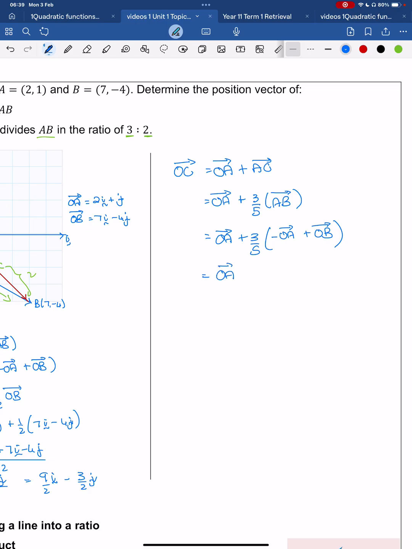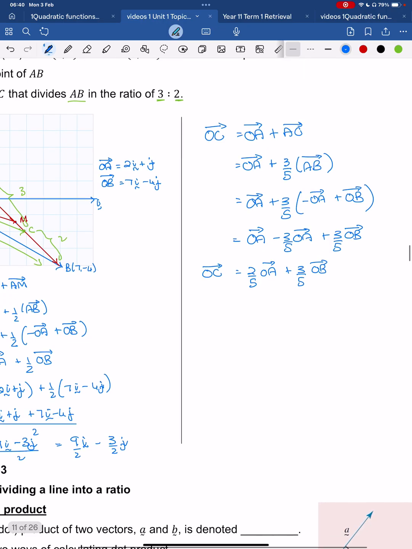Let's write that out. Minus 3/5 OA plus 3/5 OB, and 1 or 5 over 5 minus 3 over 5 OA gives me 2/5 OA plus 3/5 OB. So once we've got to this point where we now know that OC is 2/5 of OA plus 3/5 of OB, we can substitute those values in.